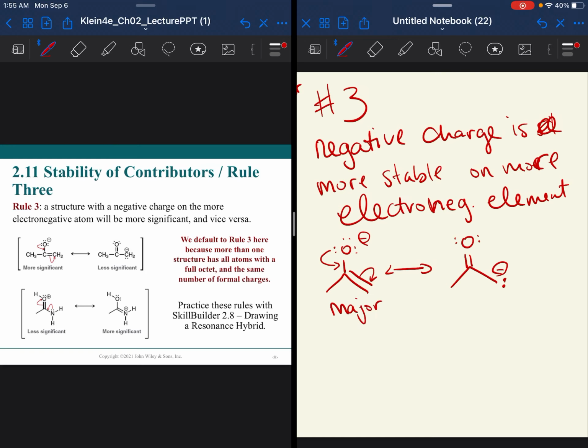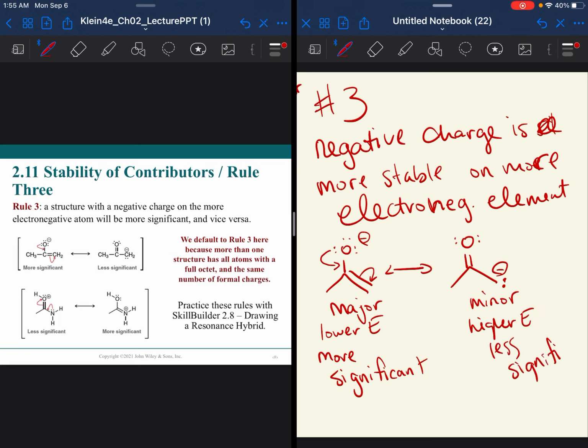So this one's going to be our major contributor or more significant. It's going to be lower energy, more significant. These are just all the different ways we can talk about this. So this one is going to be minor in comparison. It's going to be higher in energy, or it's going to be less significant. Right? It's just the different ways we can talk about that.